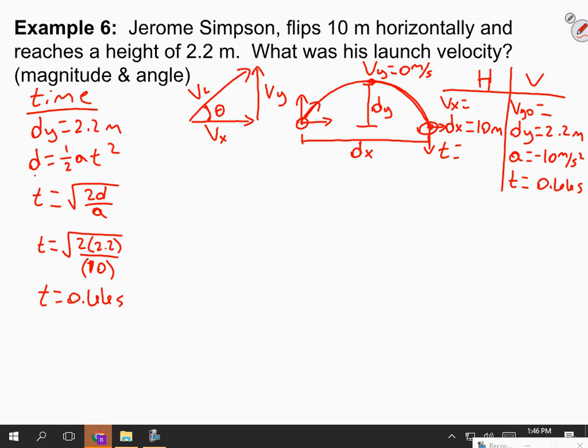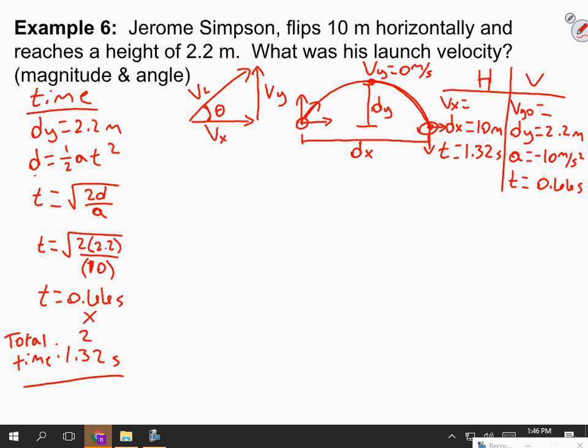So the total time is actually 1.32 seconds. So, of course, on the horizontal side, that will be the total time because the entire time the horizontal velocity doesn't change. So that's the total time.